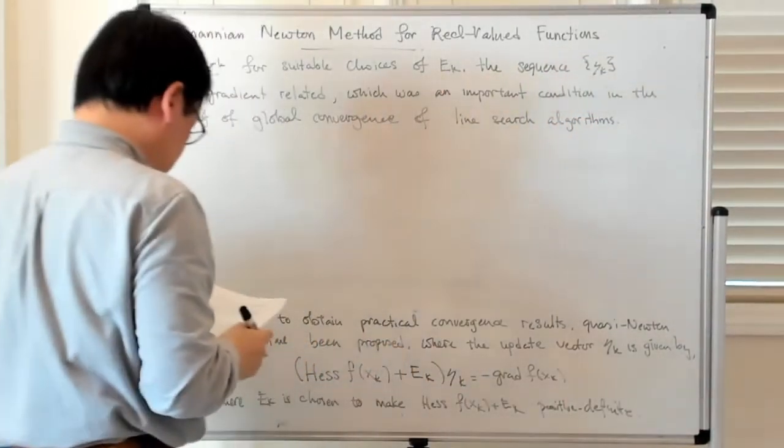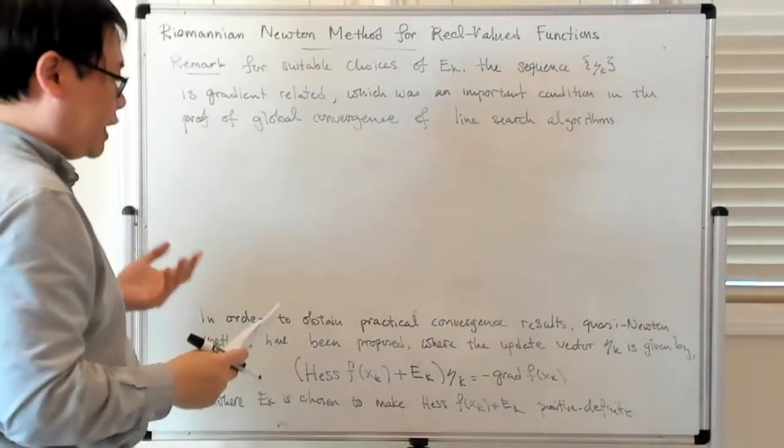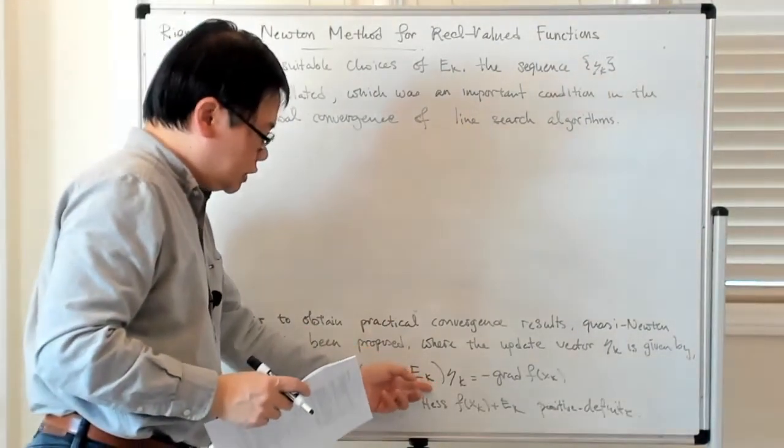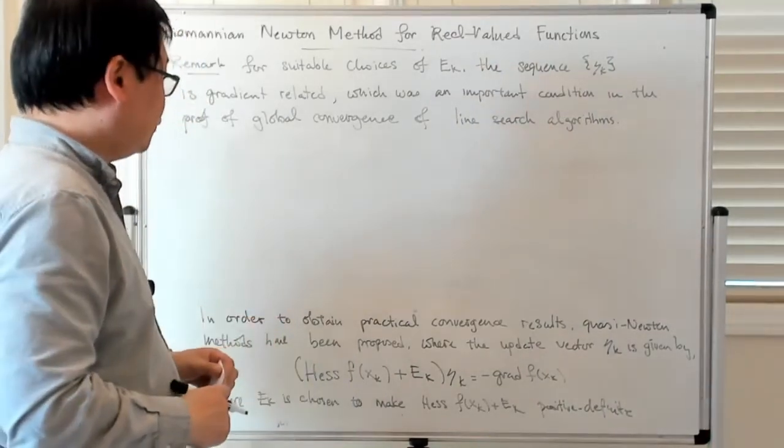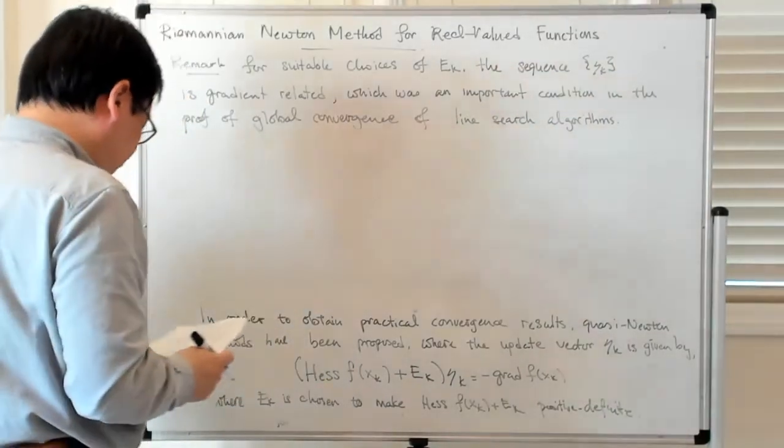Okay, but the point is that you have to be careful in what you choose for the ek, so that you don't mess up the other nice property of Newton methods, which is that they converge really fast.